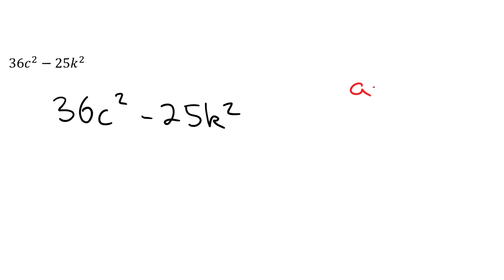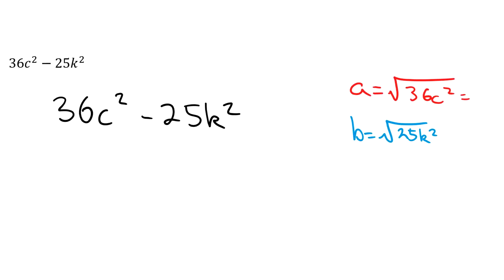If we look at this one, we have 36c squared minus 25k squared. My a is going to be the square root of 36c squared, and b will be the square root of 25k squared. We can break this up and do it in parts.